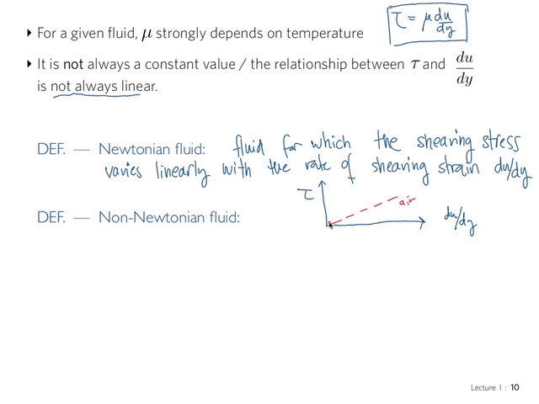You might have a more viscous material here. This could be perhaps water, or this could be, say, oil. But the relationship we see in that plot is a line, and the slope of that line is mu. It's a linear relationship between stress, the shearing stress, and the rate of shearing strain.